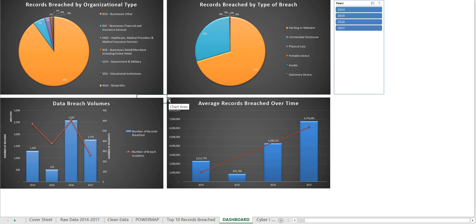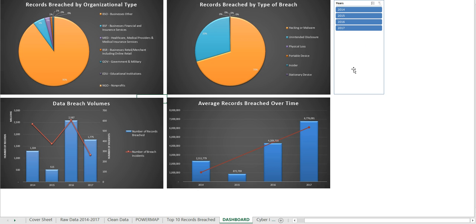Next, with the data from the Clean Data tab here, I created a dashboard to explore which organizational types had the most records breached and how those records were breached. The two pie charts on the top here are connected to the slicer on the left. Although the pie charts are currently showing the percentages for 2014 through September 2017, we can use a slicer to see what the numbers look like for each year or a combination of years.